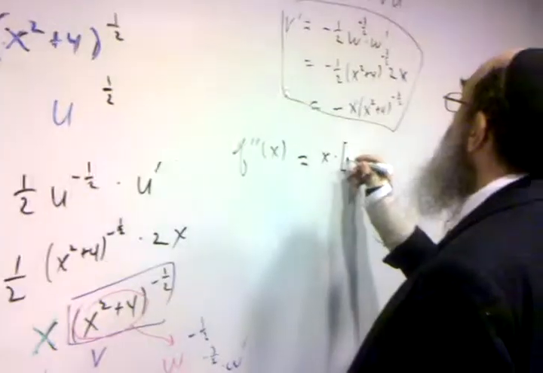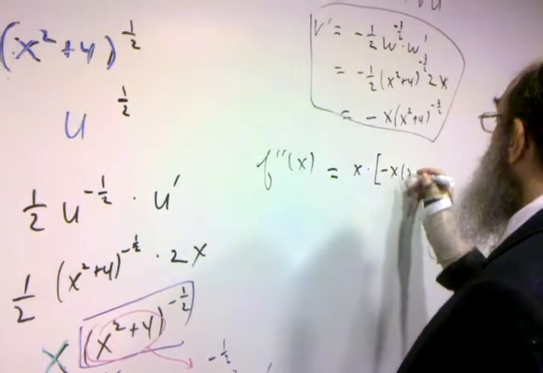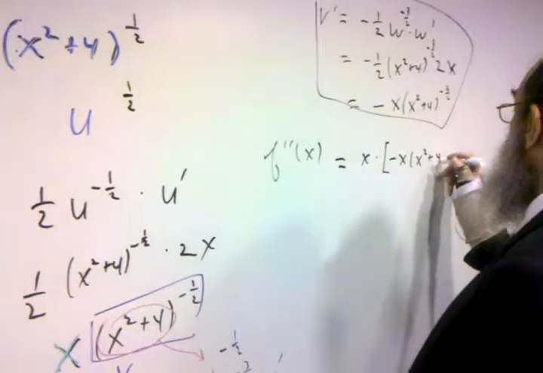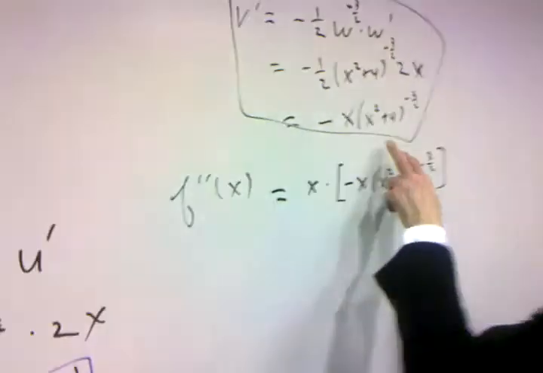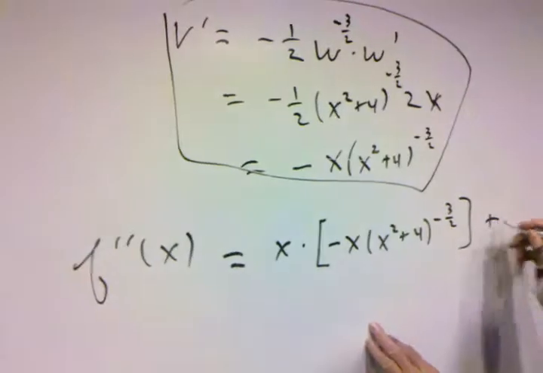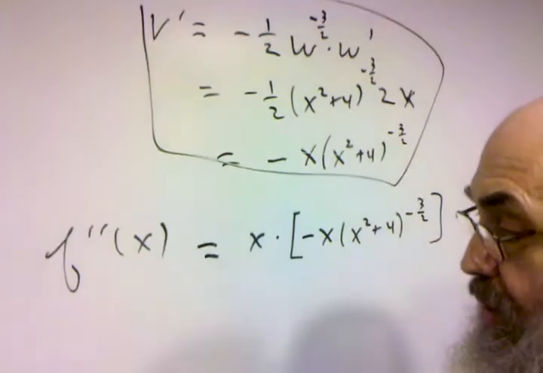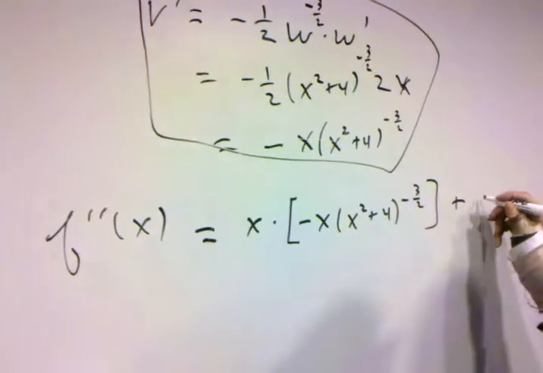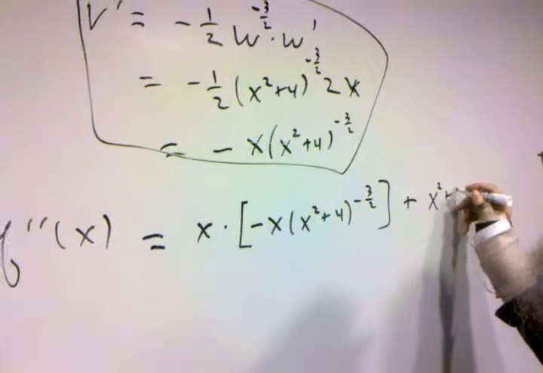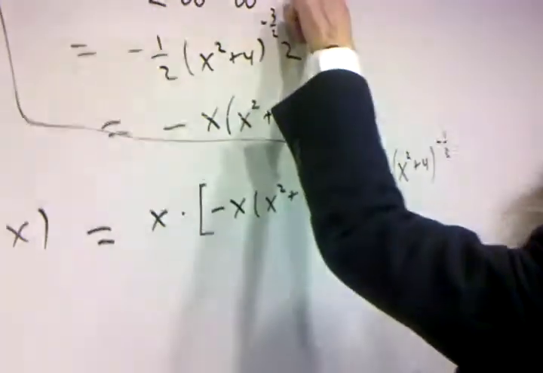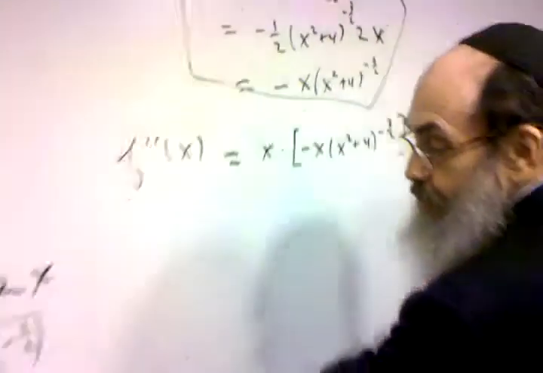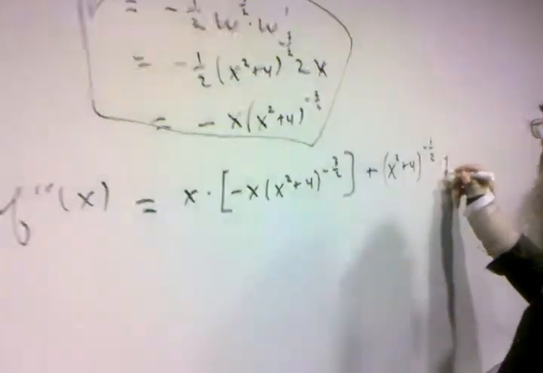It's going to be minus x times x squared plus 4 to the minus 3 halves. This is what v prime is, plus v. V was x squared plus 4 to the minus a half. And u prime was just plain 1, times 1.